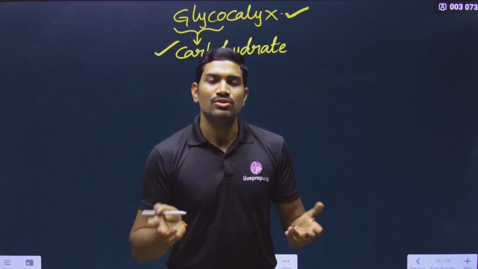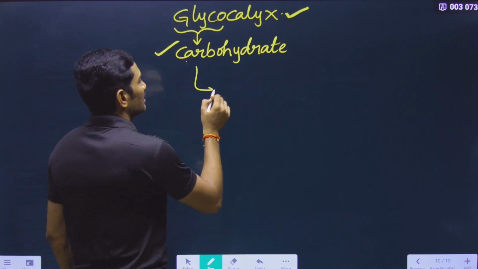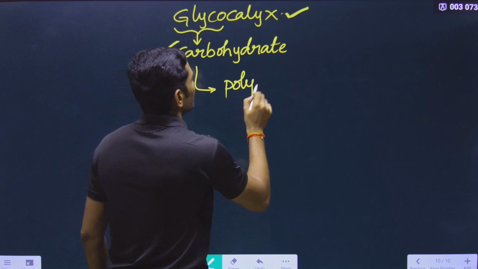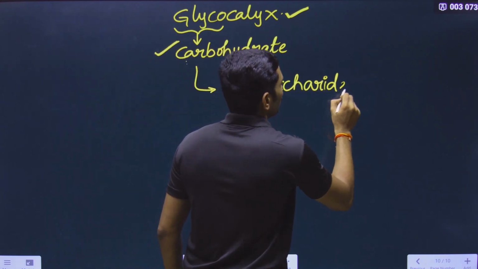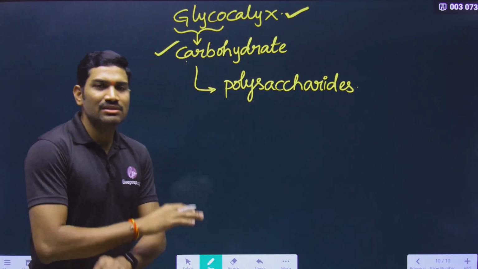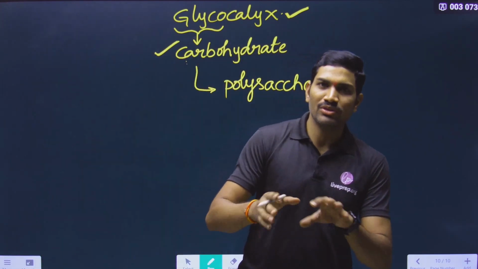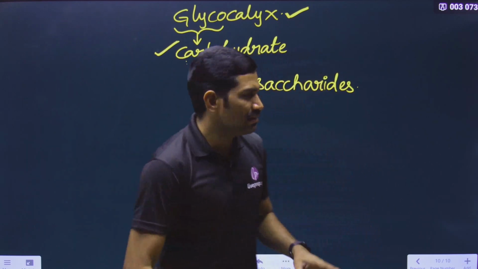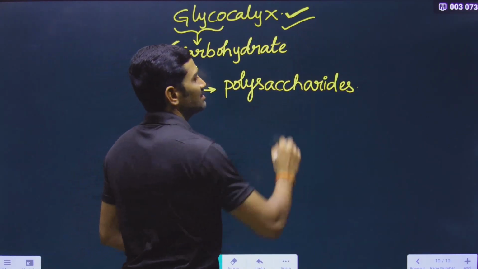Yes or no? Mainly it is having different types of polysaccharides. Names of these are not needed because in different bacteria, this composition is slightly different. But definitely carbohydrates are present. That is the reason why it is called the glycocalyx layer.